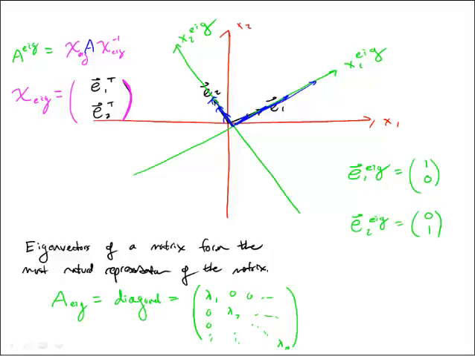We said that E1 was equal to 3 over square root of 10, 1 over square root of 10, and E2 was equal to minus 1 over square root of 10, 3 over square root of 10. So if this is x eigen, then A eigen will just be this times your original A times the inverse of x eigen. And this will be diagonal, which is super nice.